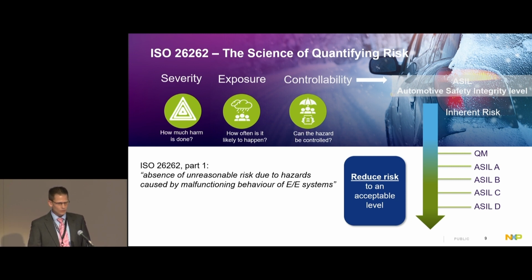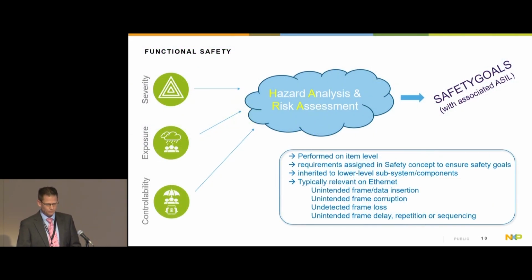But what is defined is, depending on the inputs, you get a so-called ASIL, the automotive safety integrity level. And this gives you a target point to see, okay, for this function, what is the risk that I can accept for this application? And let's see how this works.